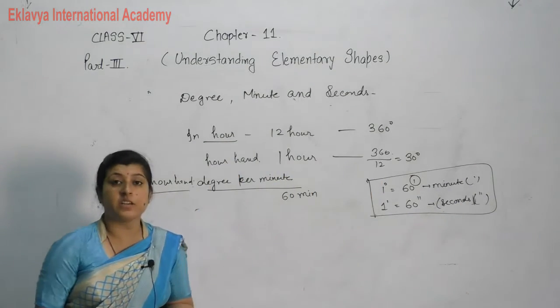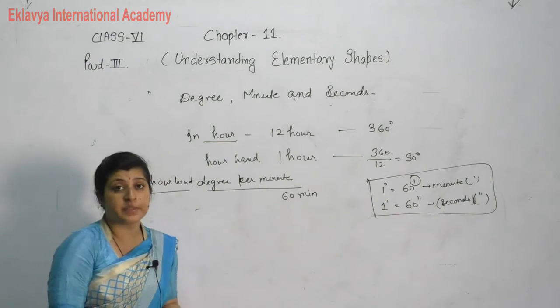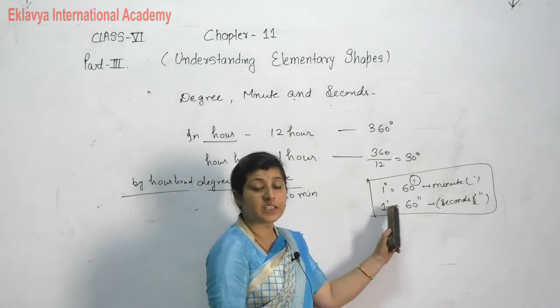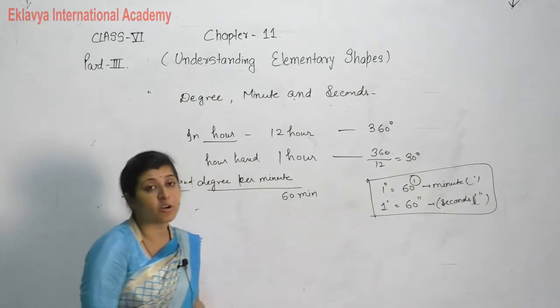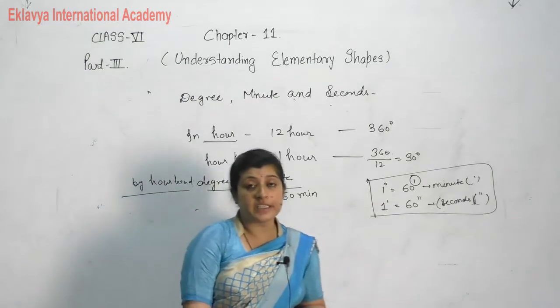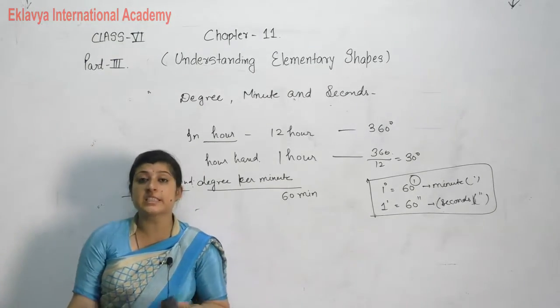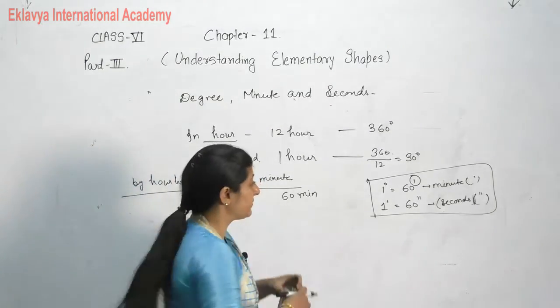So this is a comparison. 1 degree is equal to 60 minutes. 1 minute is equal to 60 seconds. In 1 minute how many seconds? 60 seconds. In 1 hour how many minutes? 60 minutes.